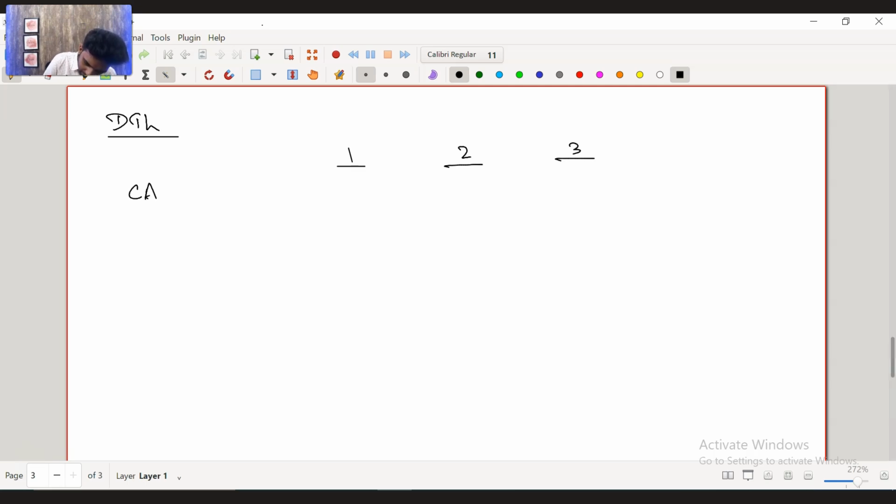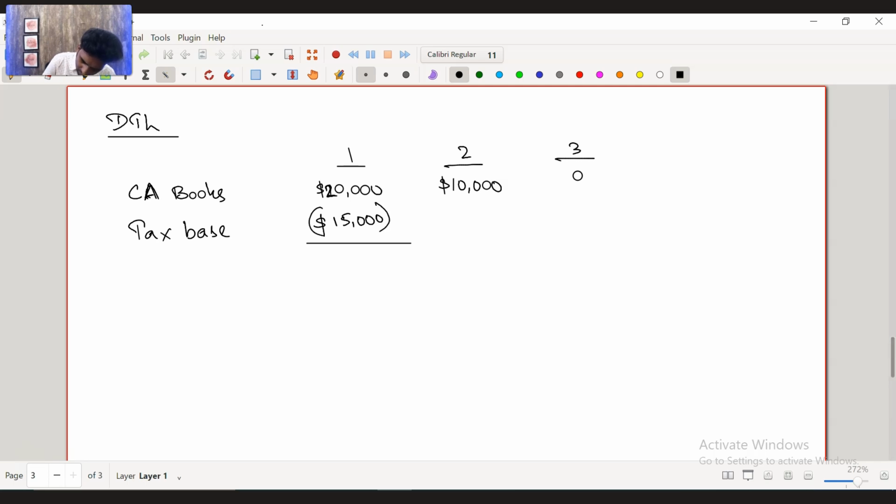So the carrying amount as per books in year 1 was $20,000. This was $10,000. This was 0. As per tax base, what is the tax base? Your tax base is $15,000. So the difference is $5,000.